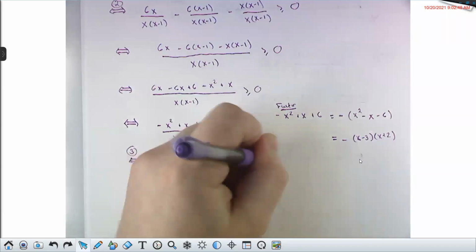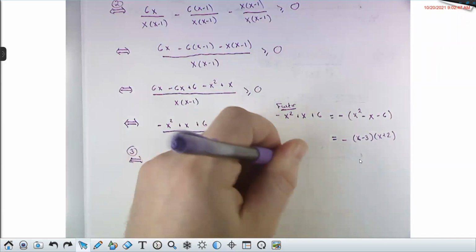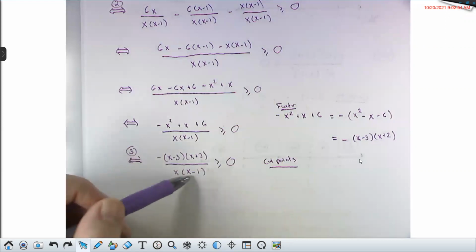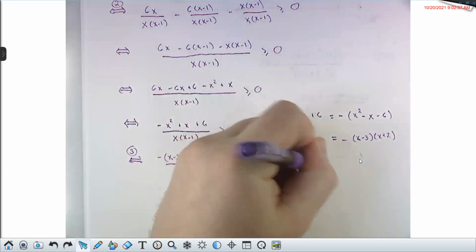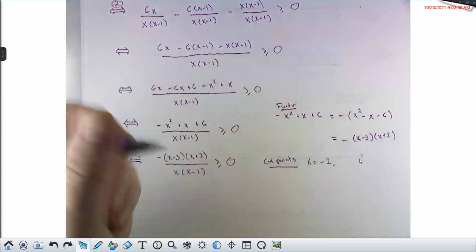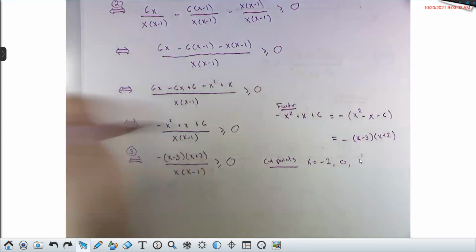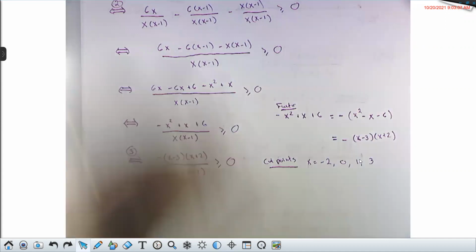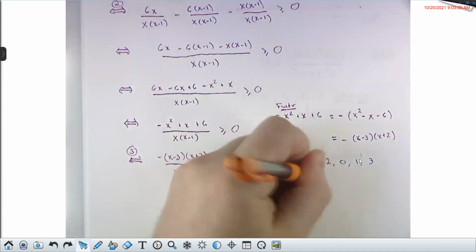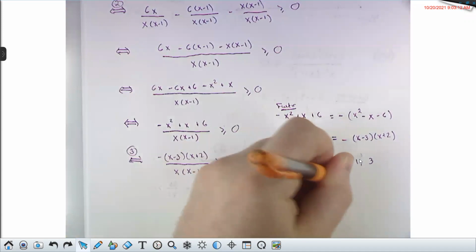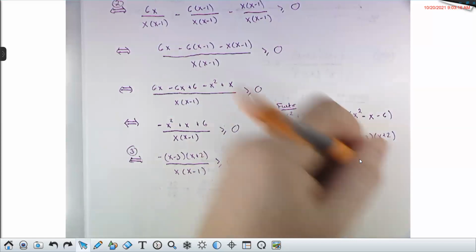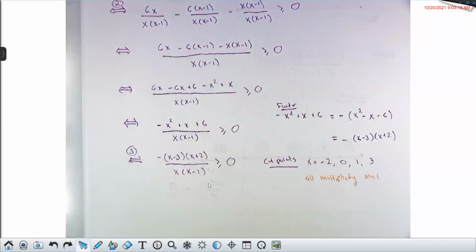So my cut points. Let's see, I've got a -2 from this, 0 from this, 1 from this, and 3 from this. And they're all multiplicity 1, right, because every one of those factors is just raised to the first power.